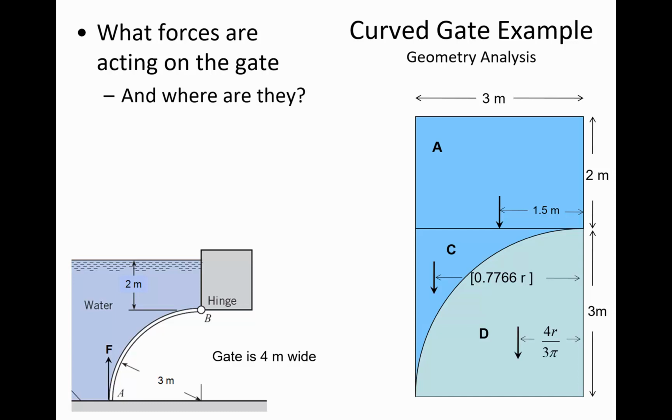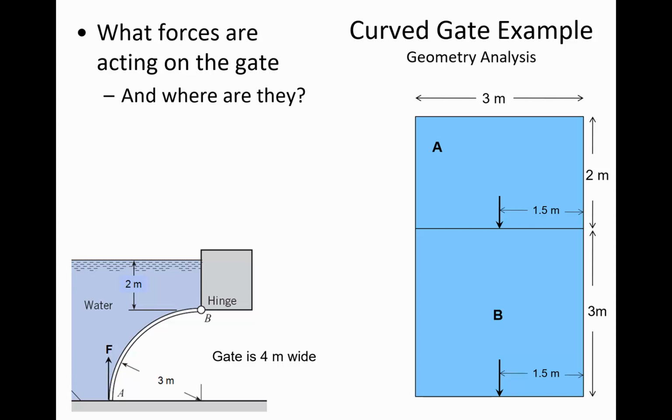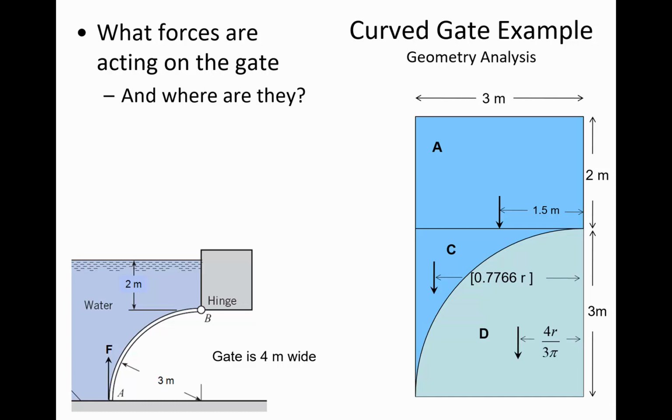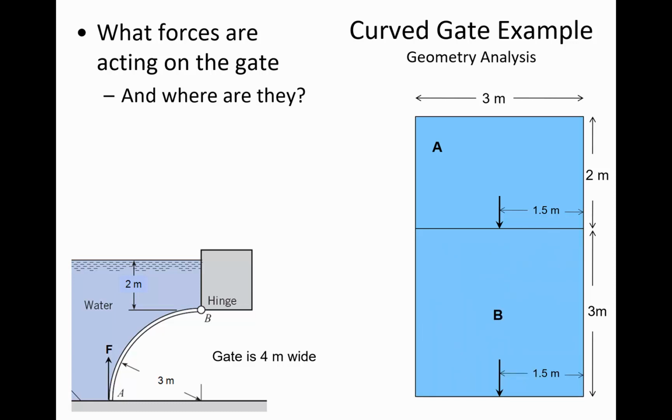Piece D is the quarter circle, and C is what's left over. So if I find B and I subtract out D, then what remains is C. In other words, C plus D equals B, or the other way to say it is B minus D equals C.